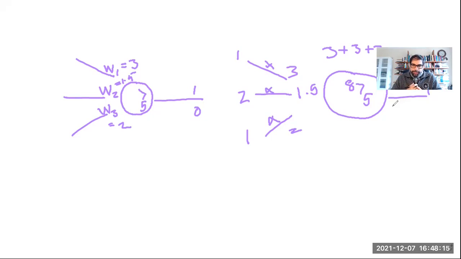So what is the advantage of having weights over here? The advantage is that you can let the network decide itself what are going to be the weights for each of these inputs.